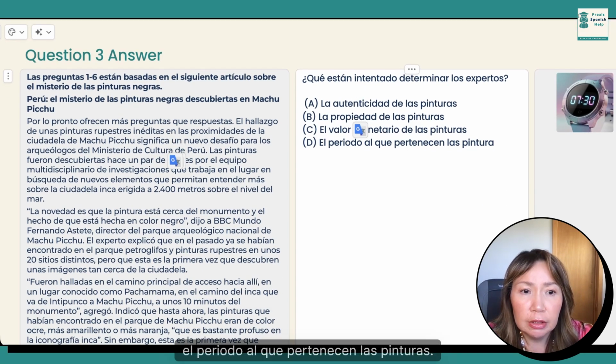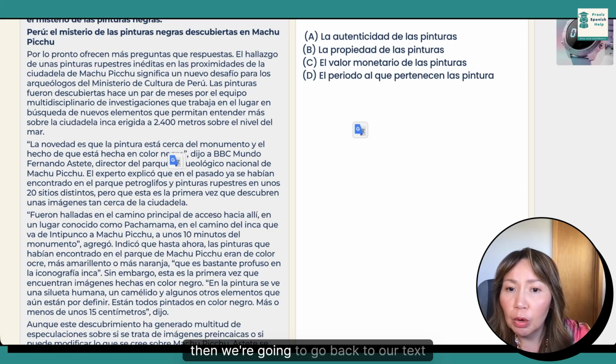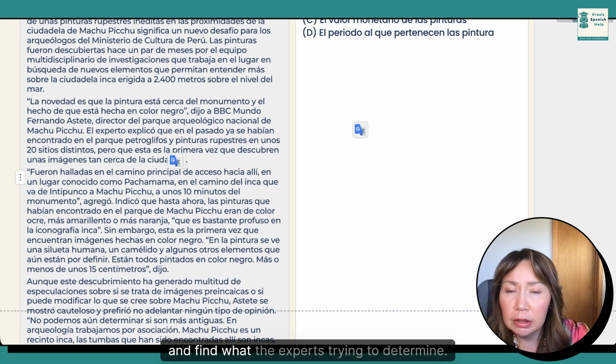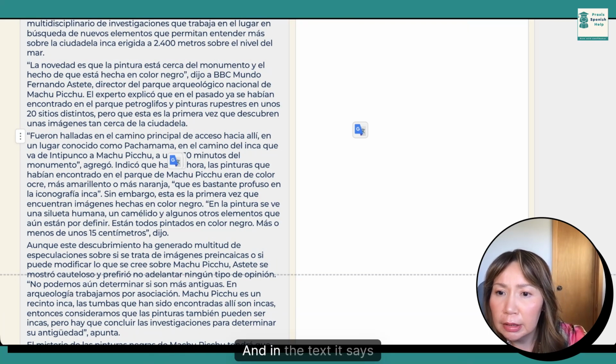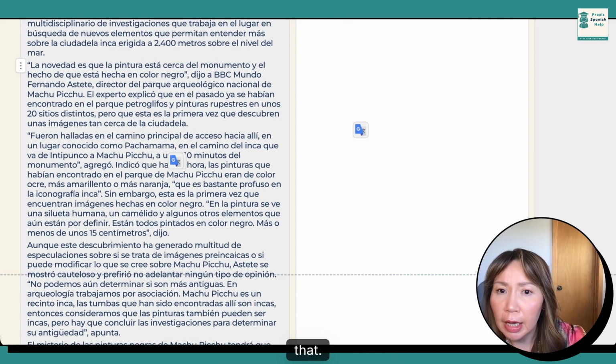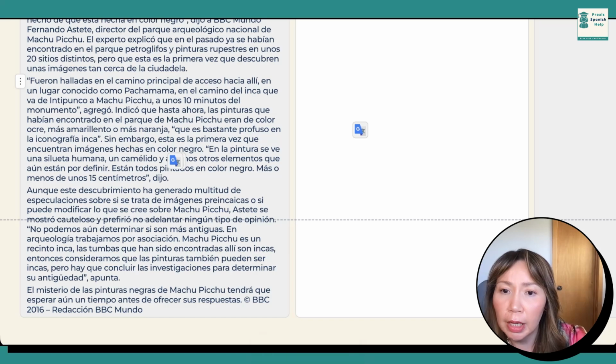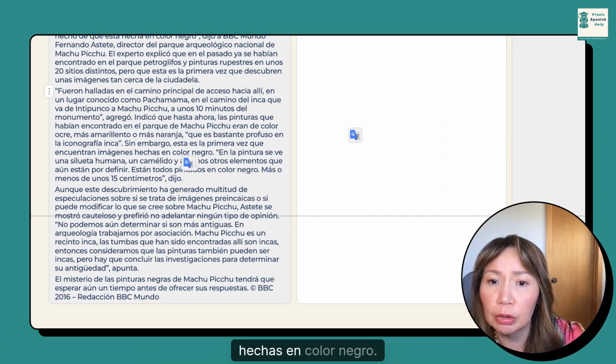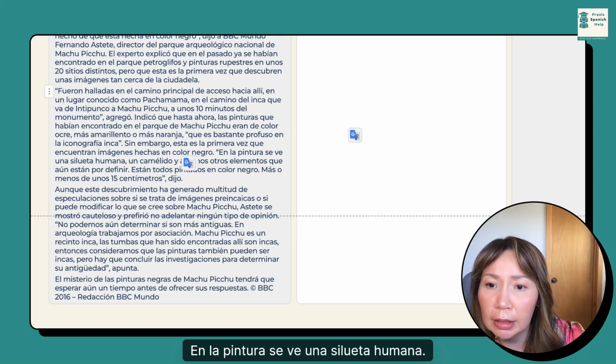pertenecen las pinturas. So, then we're going to go back to our text and find what the experts are trying to determine. And in the text, it says that, sin embargo, esta es la primera vez que encuentran imágenes hechas en color negro. En la pintura se ve una silueta humana.